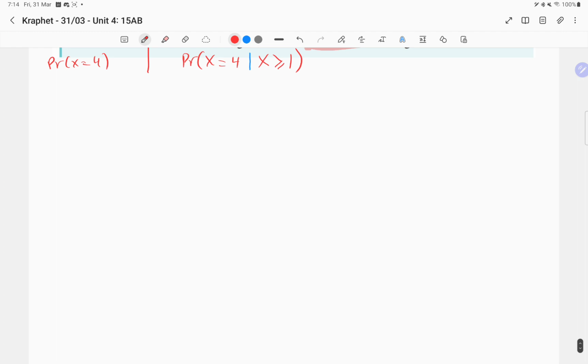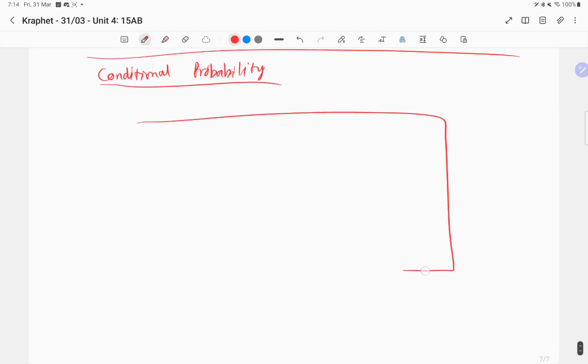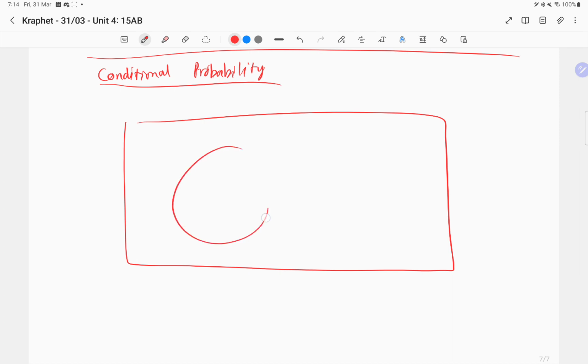Now let me give you a quick run-through on conditional probability. Let's say we have a classroom, and we have a bunch of students.